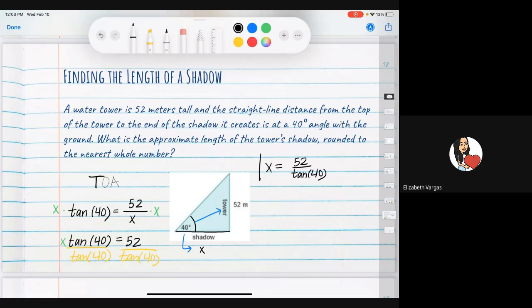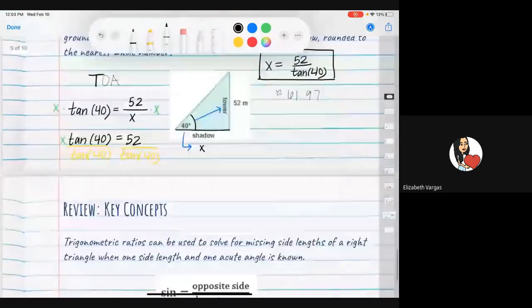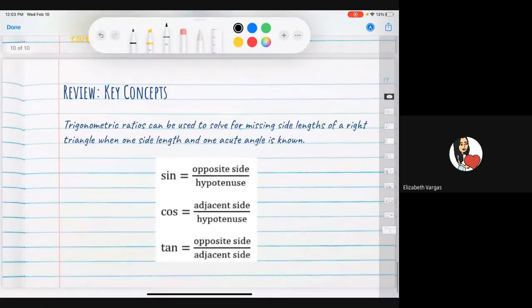And again, all I want you to get to right now is this equation. But when I plug this into my calculator, I will identify that this is equivalent to 61.97. Does anyone have any questions about anything that we went over today?